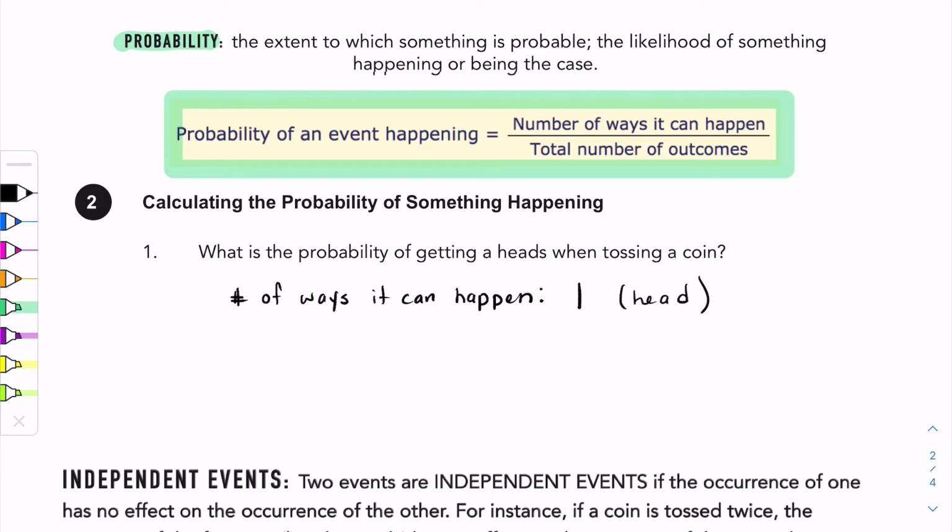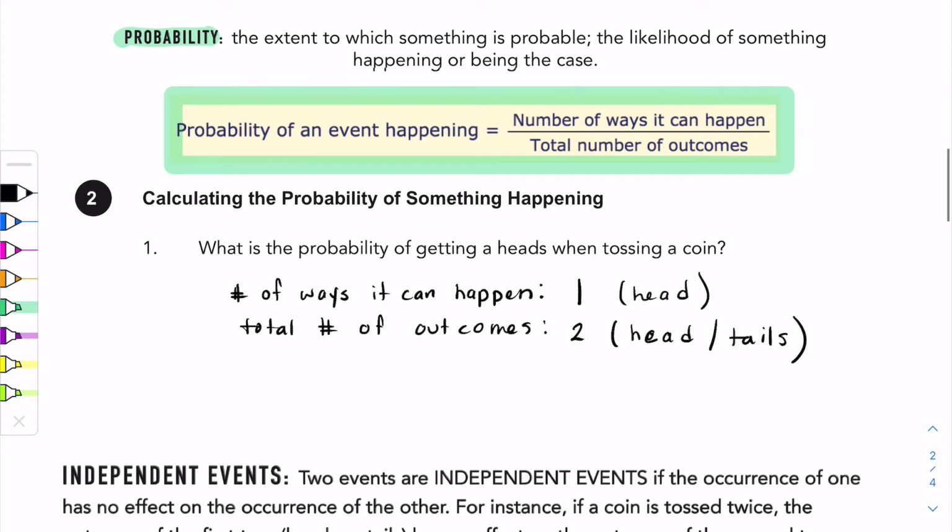The denominator is the total number of outcomes. In this case, there are 2 outcomes. You could either flip the coin and receive heads as your answer, or you could receive tails. But there's 2 options.